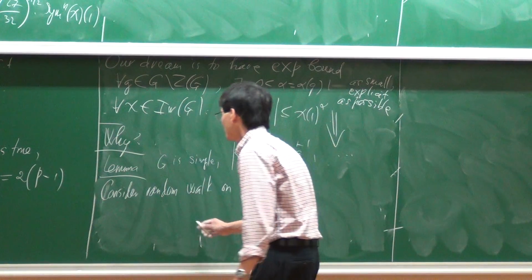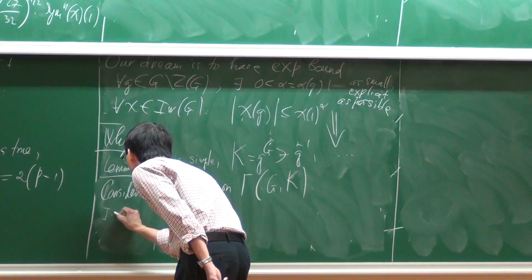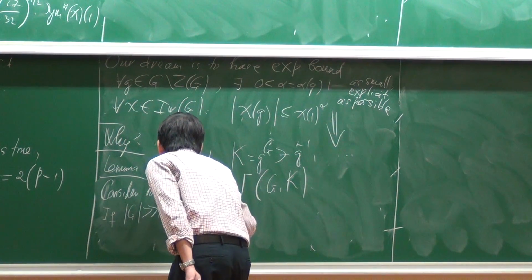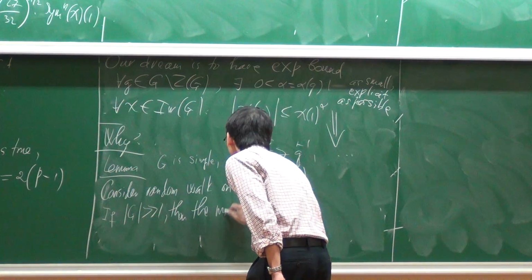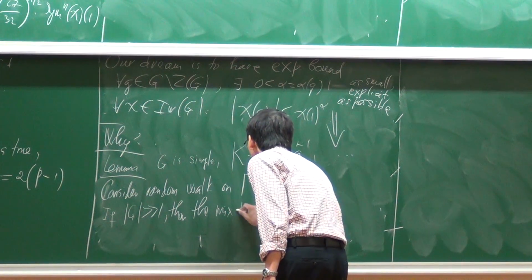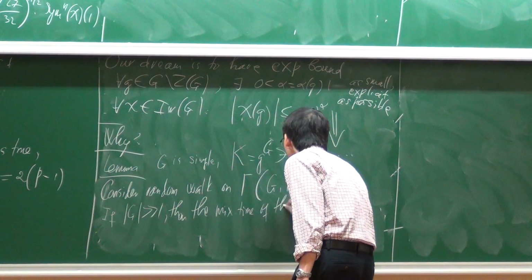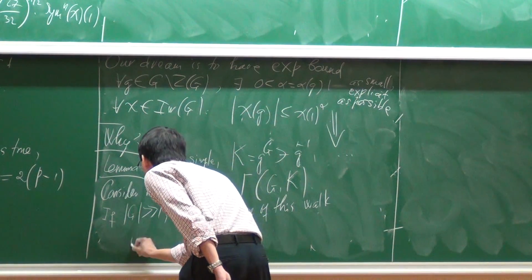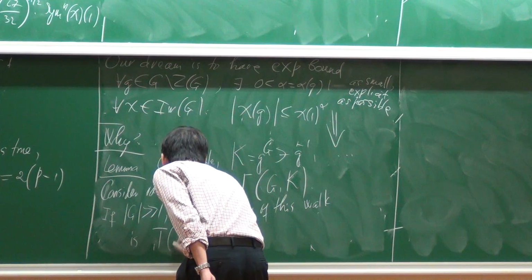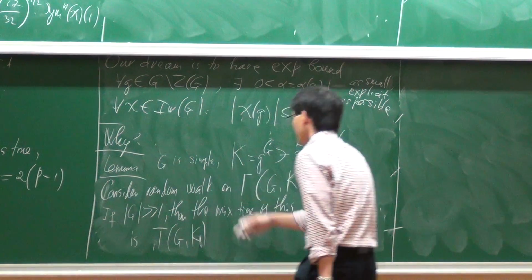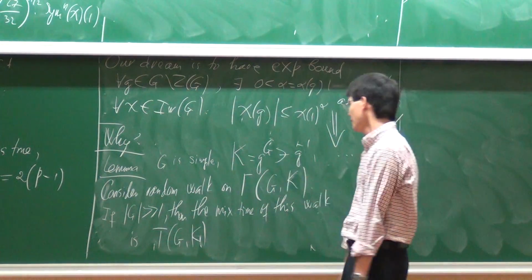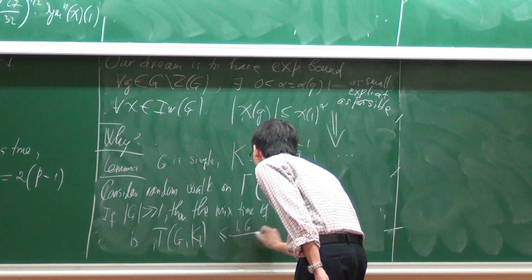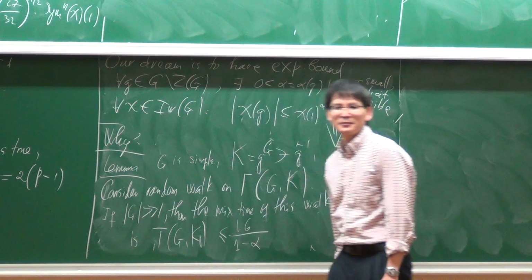Then if the order of G is large enough, then the mixing time of this random walk, for which T_{G,K} is just the notation, is going to be at most 1.6 divided by 1 minus alpha. Okay.